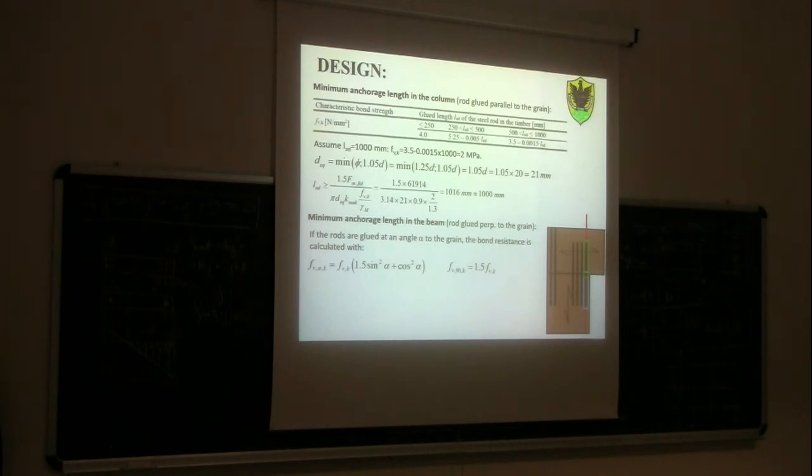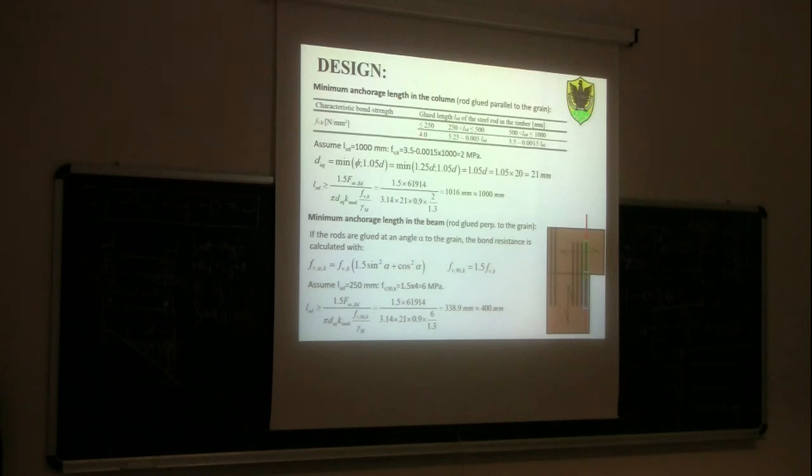So in this case, we can start by assuming a bond length in the beam of 250 millimeters. So FB 90K becomes 1.5 times 4, so 6 megapascal. LAD would become, in this case, as you can see, 338.9 millimeters, so 400 millimeters. But with 400 millimeters, the FBK is different. So we have to do some iteration because with 250, FBK would be 4.